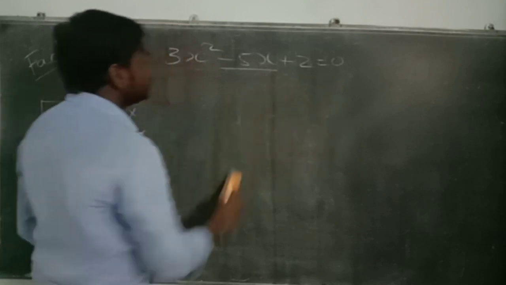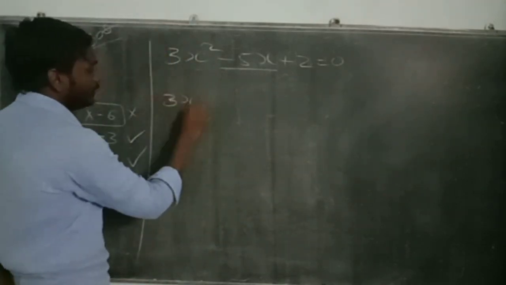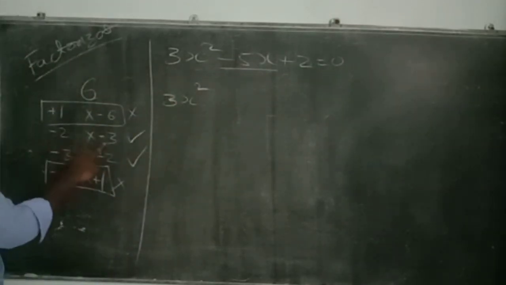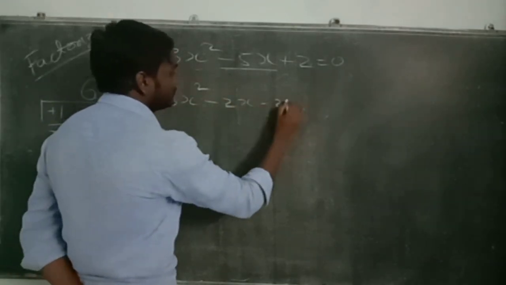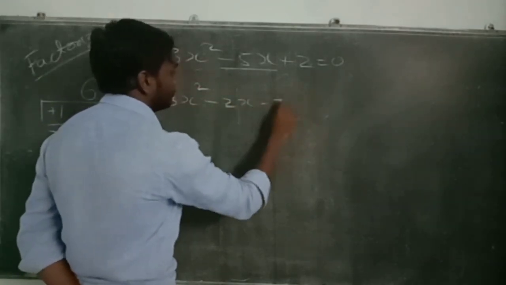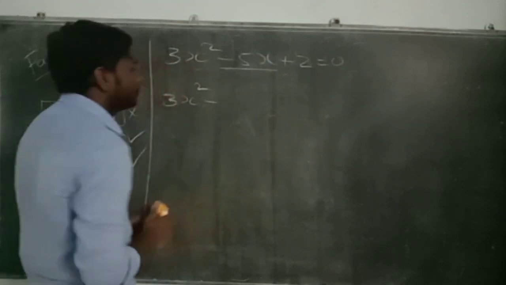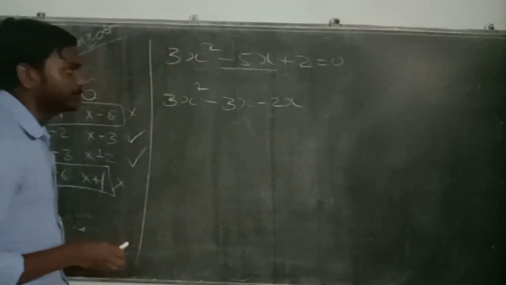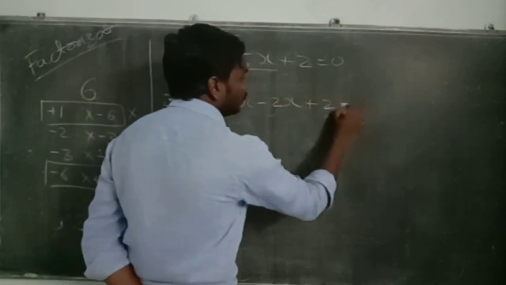Now by writing this equation in the form, 3x square minus 5x can be written as minus 2x minus 3x, or I can write this as minus 3x minus 2x, whatever it might be, that's my wish. So minus 3x minus 2x plus 2 is equal to 0.